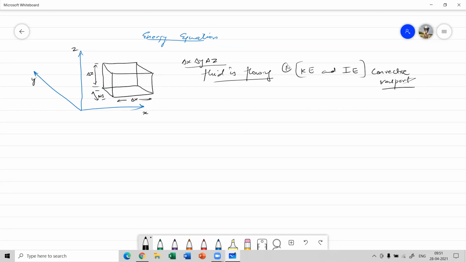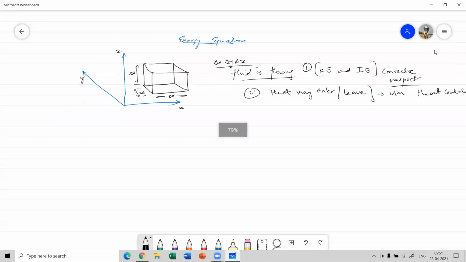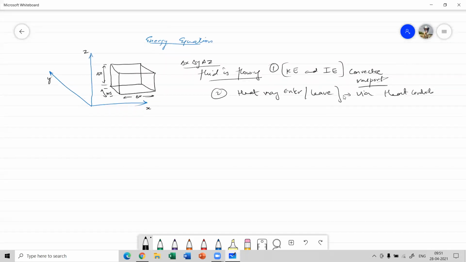Second, that's number one. Number two, heat may enter into the system or may leave the system via heat conduction. So whatever the fluid which is entering, let's suppose there is heat conduction occurring at the molecular level. Third, work may be done by the moving fluid via stresses, that is under molecular process.